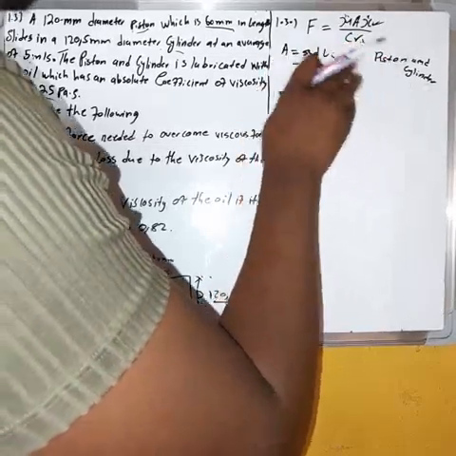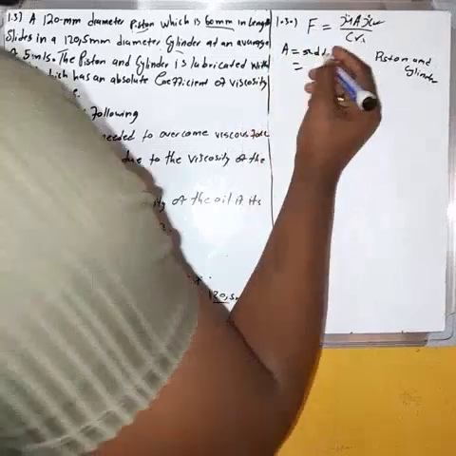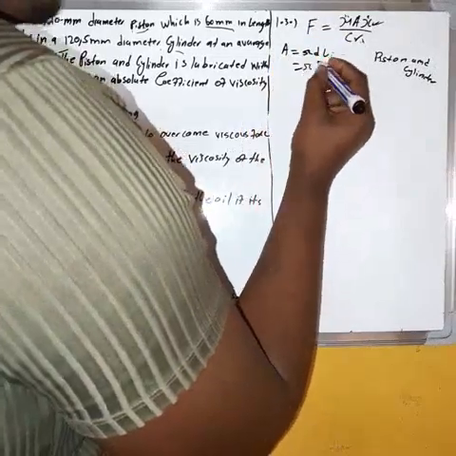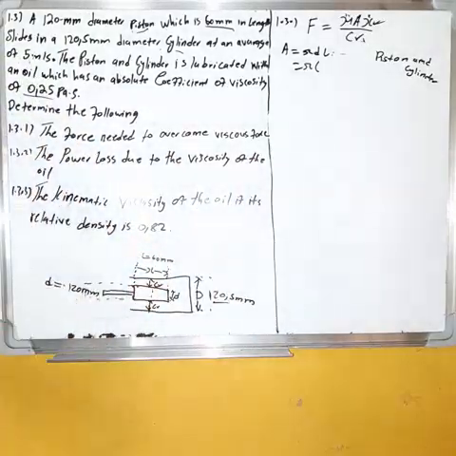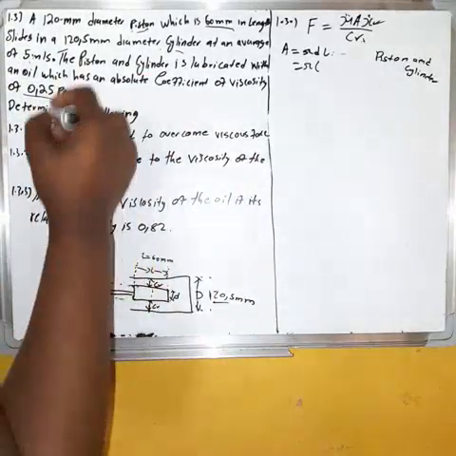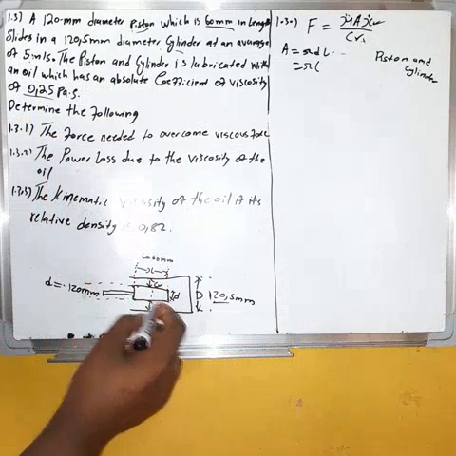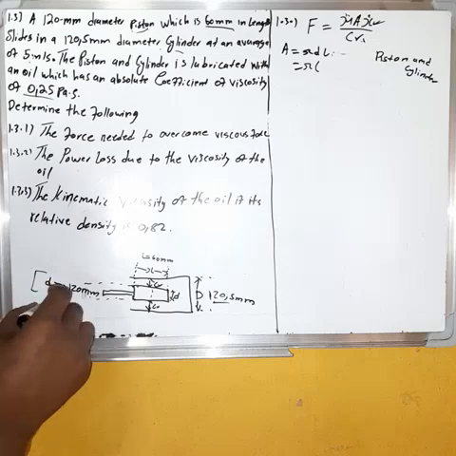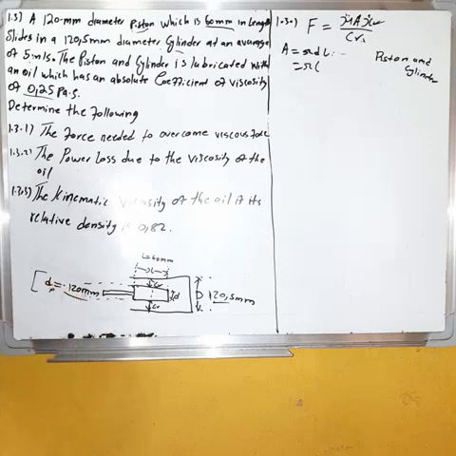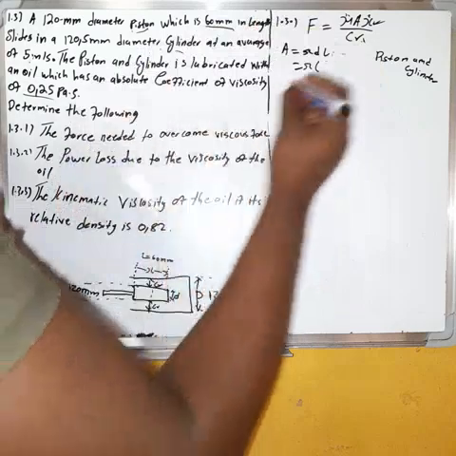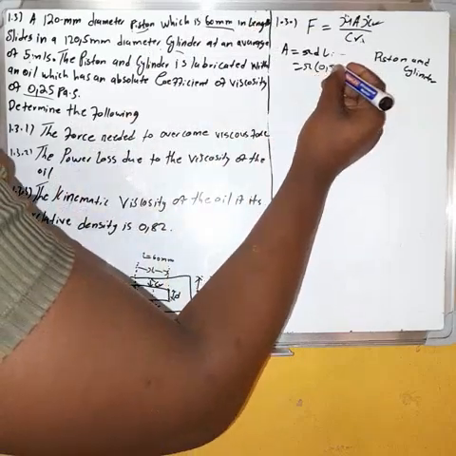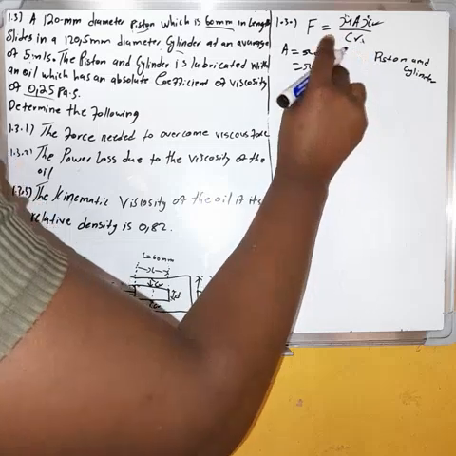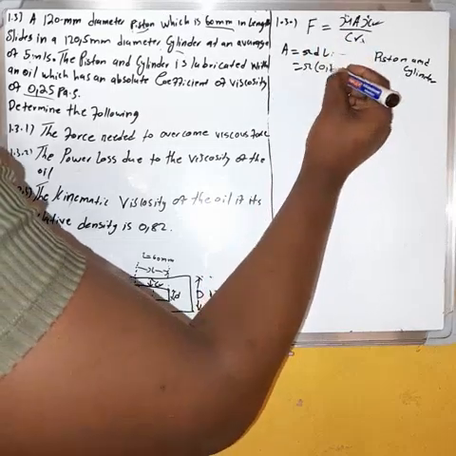we know that pi, we want the diameter of the piston. It's here, the diameter of the piston is 120 millimeter. When you divide by 1000, it will give you 0.12.